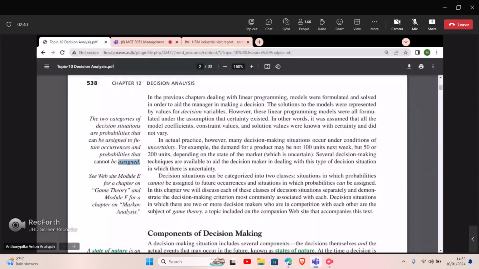For example, tomorrow's rainfall: there may be probabilities, and we can assess the possibility. But whether there is an earthquake in Sri Lanka tomorrow, we don't know.